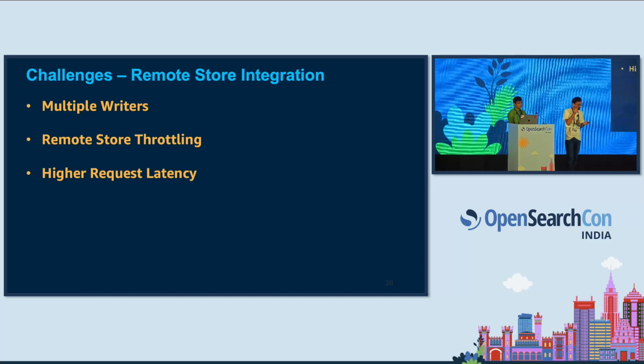Also, we saw that whenever the request comes, the primary goes and uploads the translog. But if we do that, it will end up uploading so many small translog files that it can make it infeasible. So what we did is that we introduced the concept of buffer interval. Each write request, whenever it comes, will wait at most for 650 milliseconds.